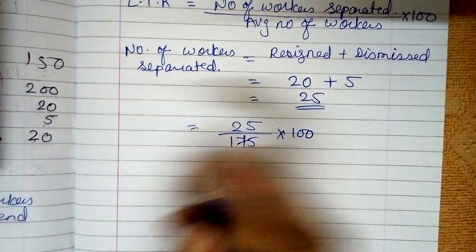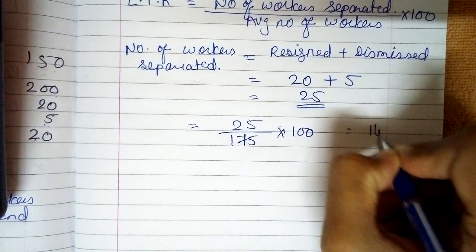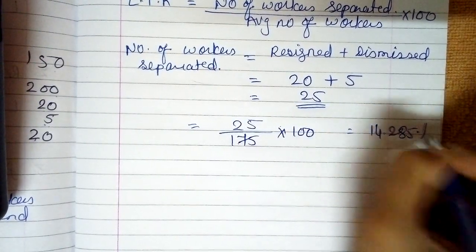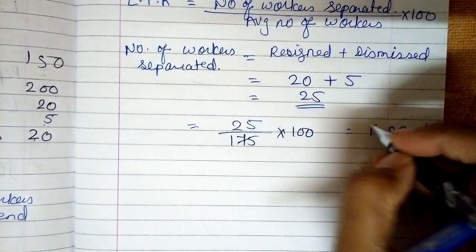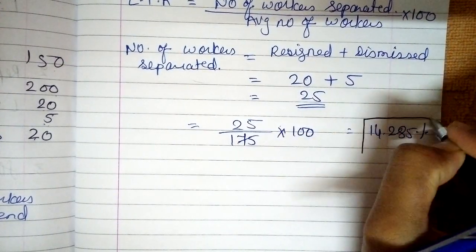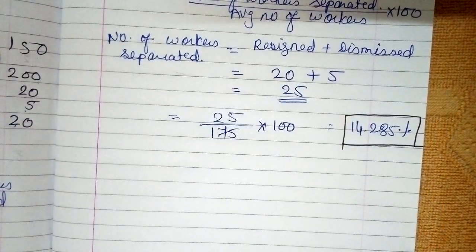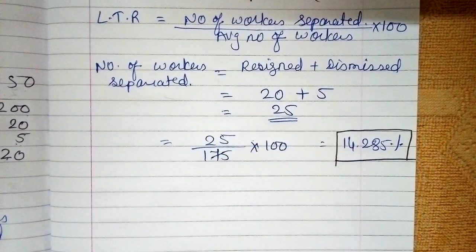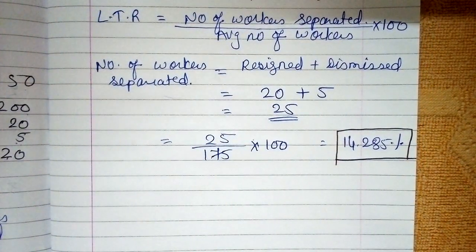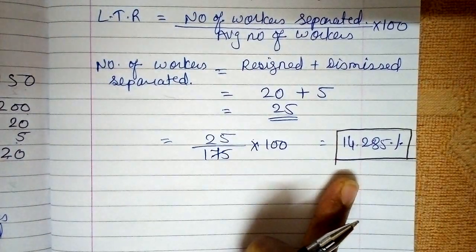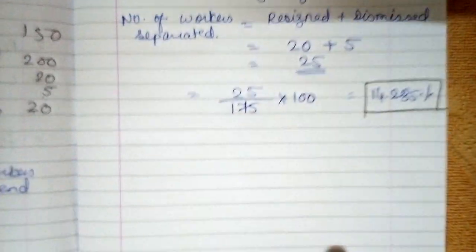So the answer is 14.285%. So it means that from the total workers, 14% of workers have been separated from the firm, right? So that is labor turnover rate as per separation method.